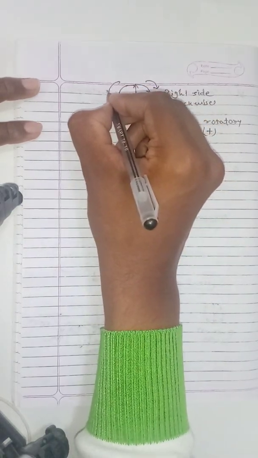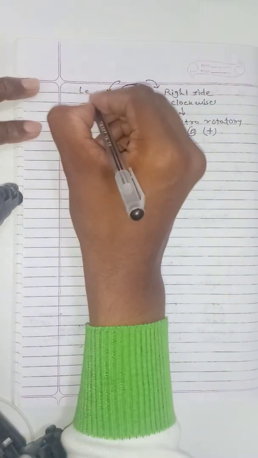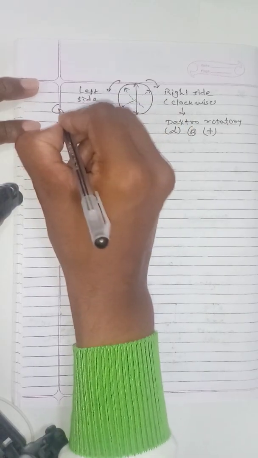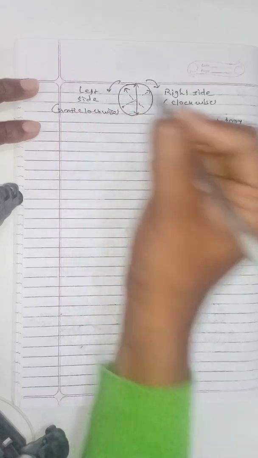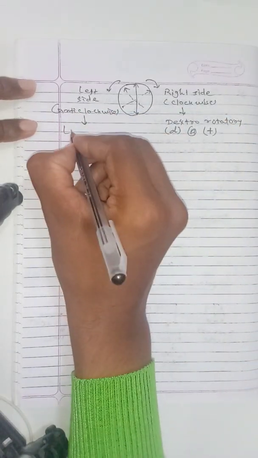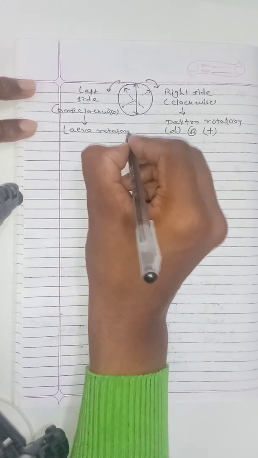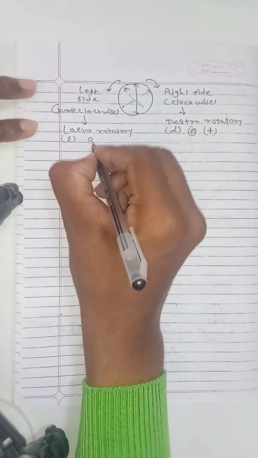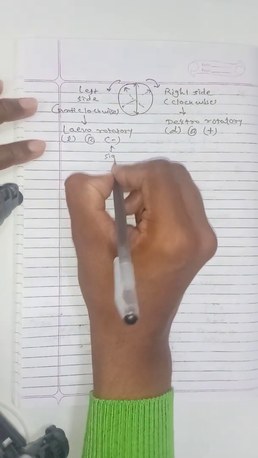If it rotates to the left side, that means in an anti-clockwise manner, it is said to be levo-rotatory. It is indicated by small l or minus sign.